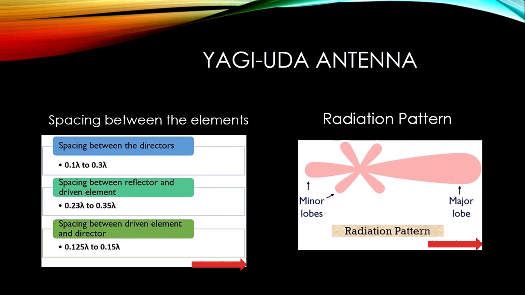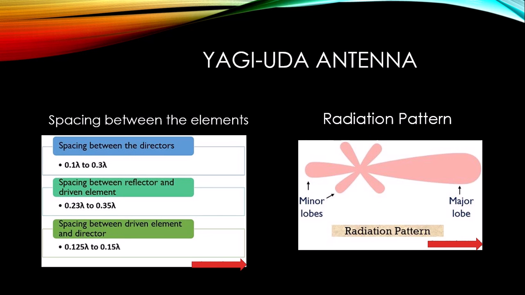Let's have the disadvantages of the Yagi-Uda antenna. So these antennas are highly affected by atmospheric conditions. So it depends on the atmosphere. Second, noise is the major factor that disturbs the overall performance of the antenna.